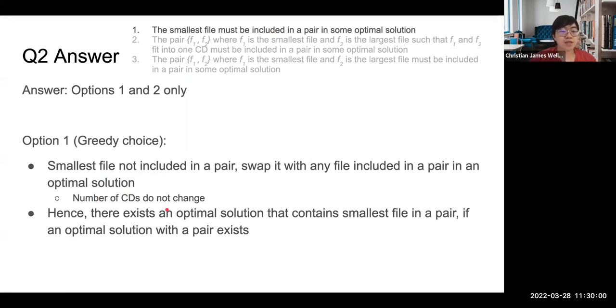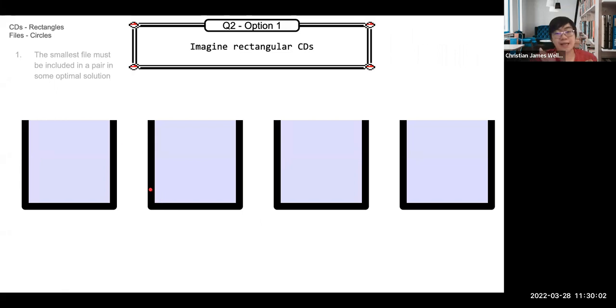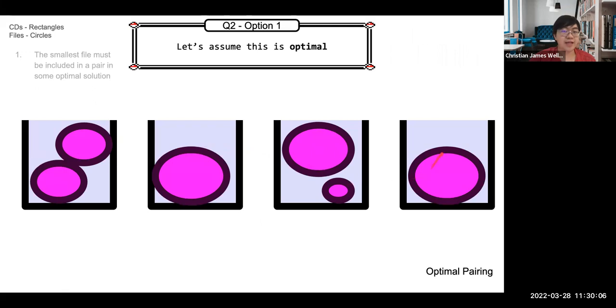To put it into pictures, imagine again rectangular CDs and a lot of files. Let's assume this arrangement is optimal. There are two possibilities: the smallest file over here is either already in a pair or it isn't.